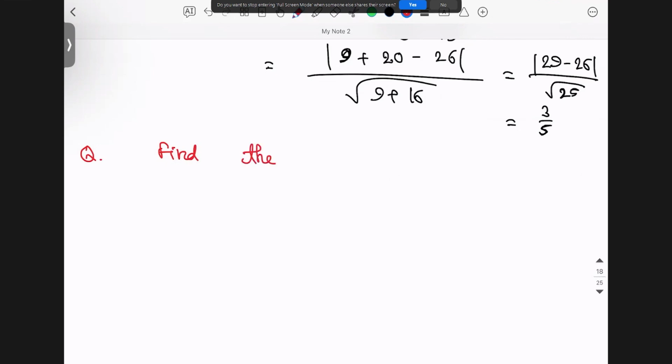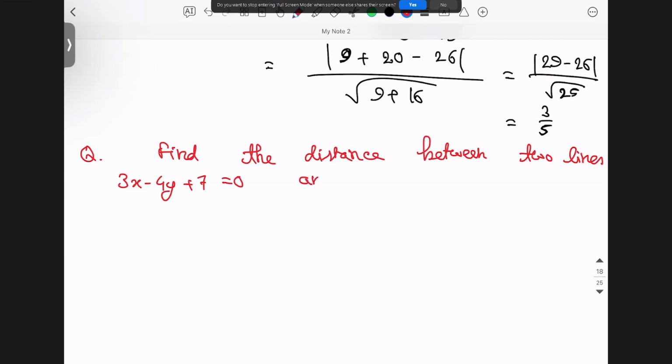Find the distance between two lines: y plus 7 equal to 0 and 3x minus 4y plus 5 equal to 0.